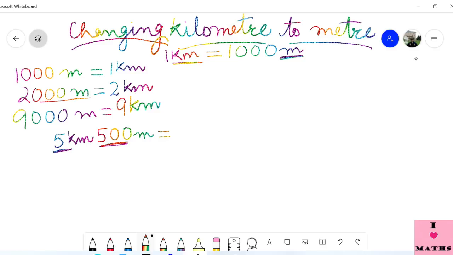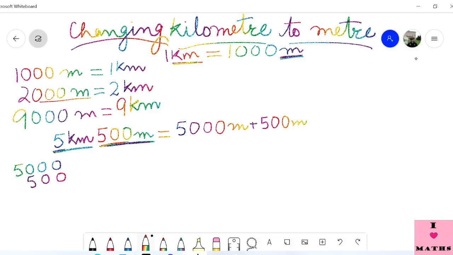Now I want to find out what is the distance of the school in meters from my house? Now 5 kilometer is 5,000 meters, and this 500 meter is extra. So I will add 500 meter to 5,000. Let me first show you how to add 500 to 5,000.